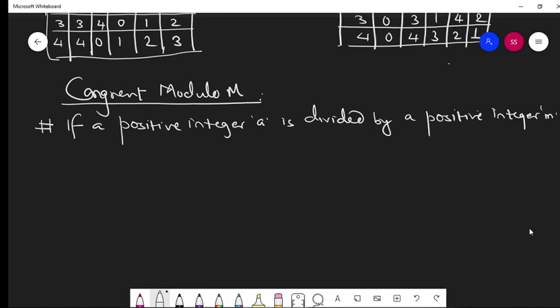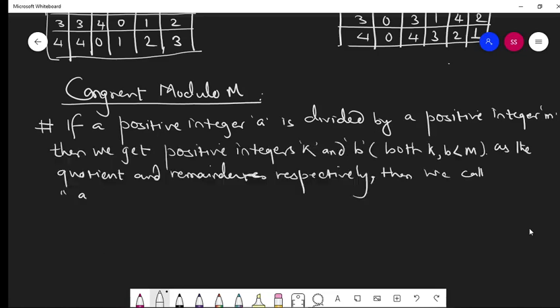Then we call a congruent to b modulo m, and it is written as a ≡ b mod m.